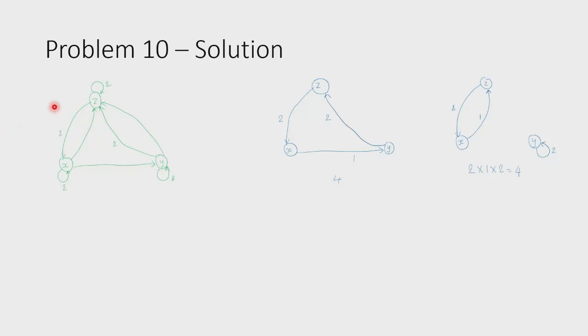Now let's see if other cycle covers also exist. So this was the previous question where any cycle cover must have this edge. But now that constraint is no longer there because we can cover X using this self loop. So let's drop these two edges. Oh, I made a mistake in drawing the graph.